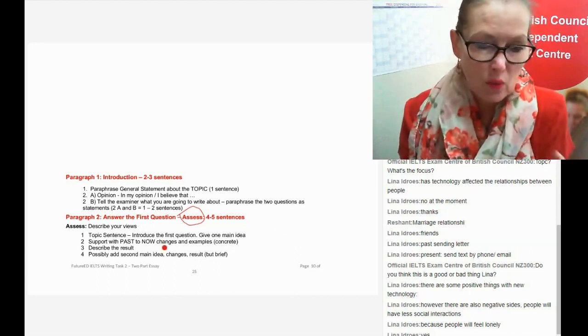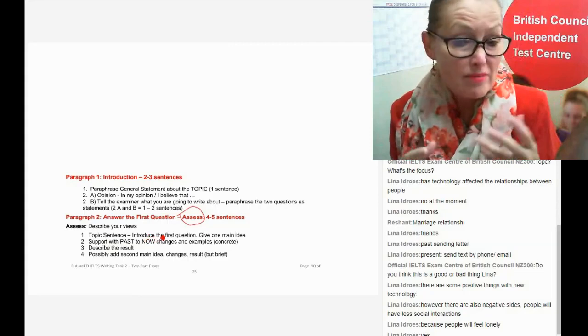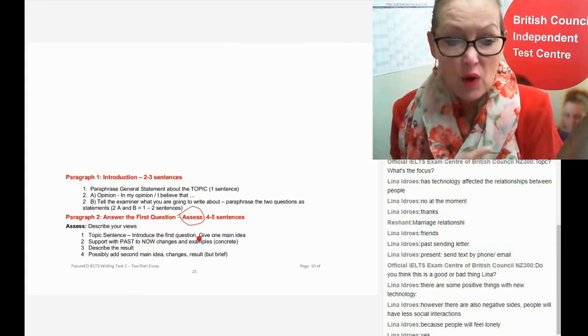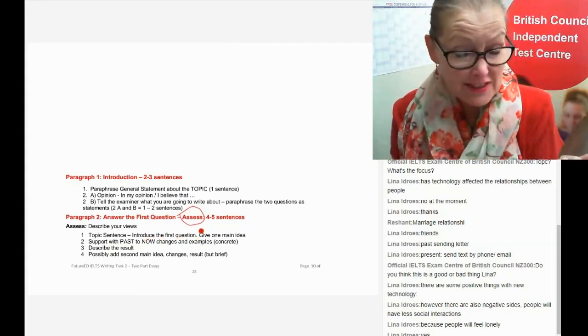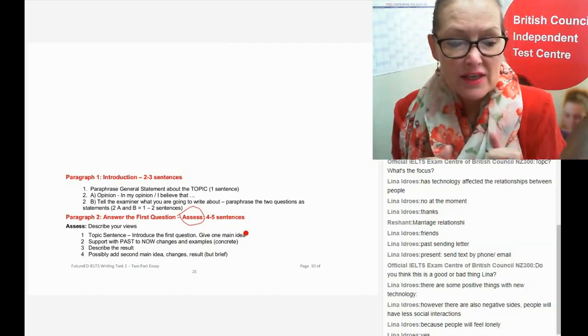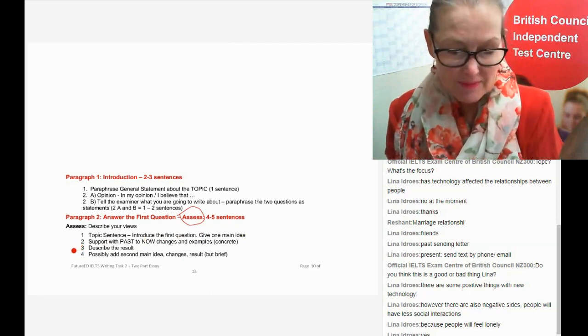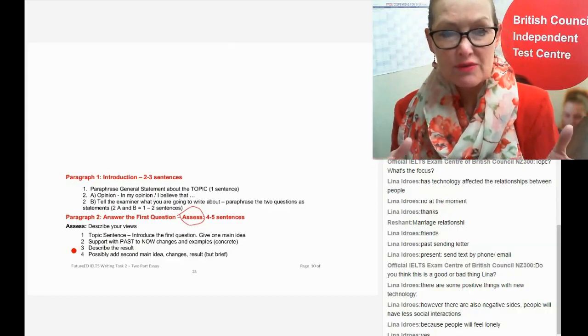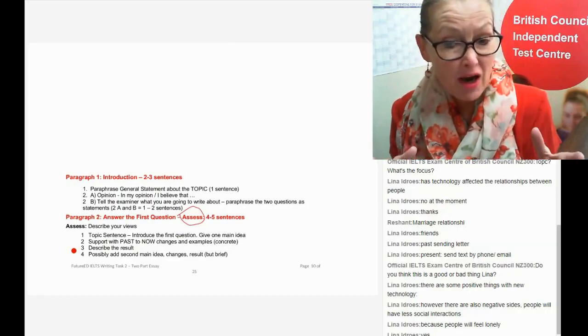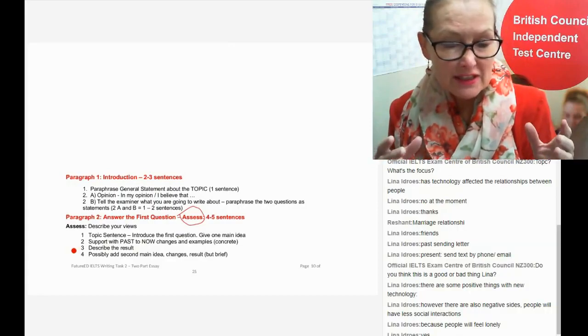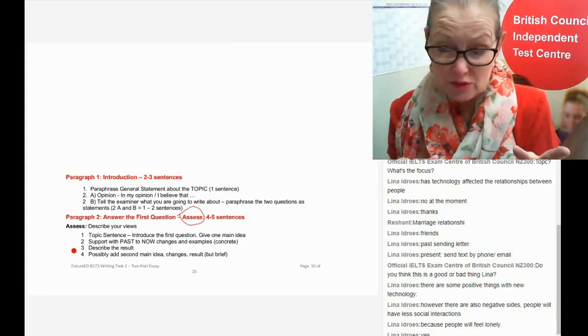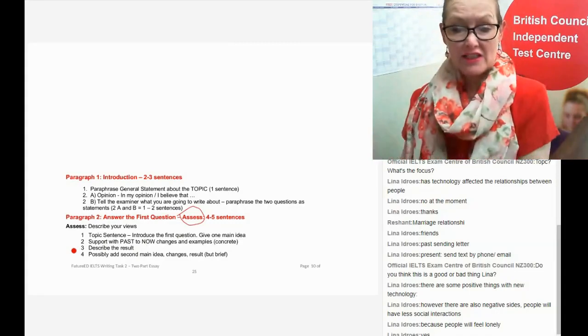In my opinion, or I believe that, or I'm of the opinion that, I'm of the belief that. And then in the second part of that, we want to tell the examiner what we are going to write about. So in other words, give some directions. This helps with my CC mark in terms of making it easy to follow, easy to read, and easier to understand.